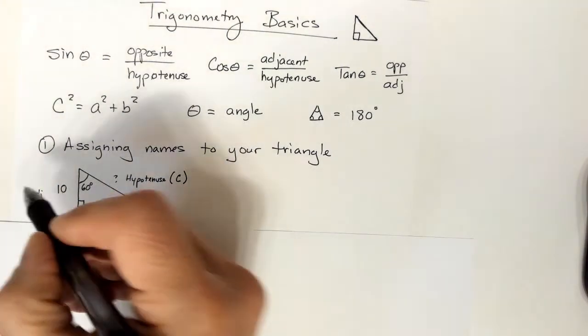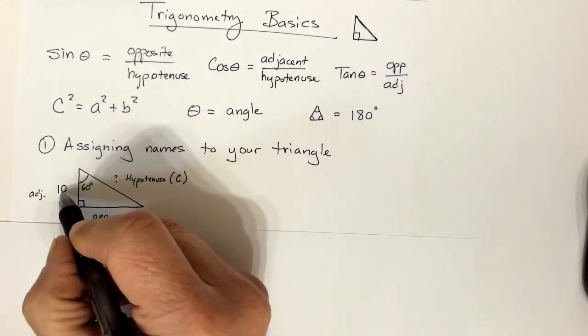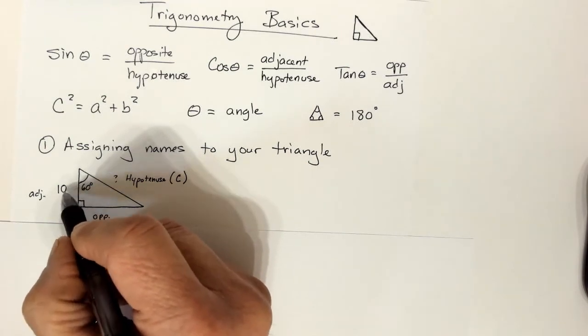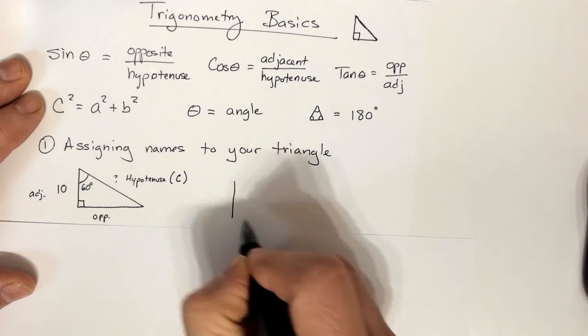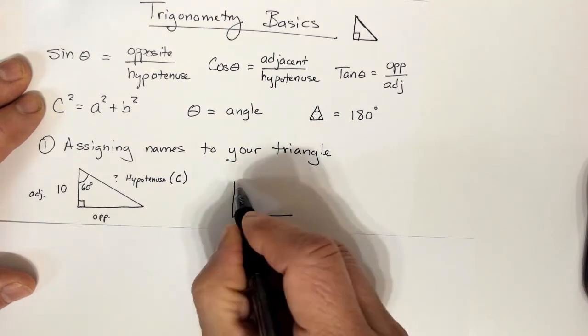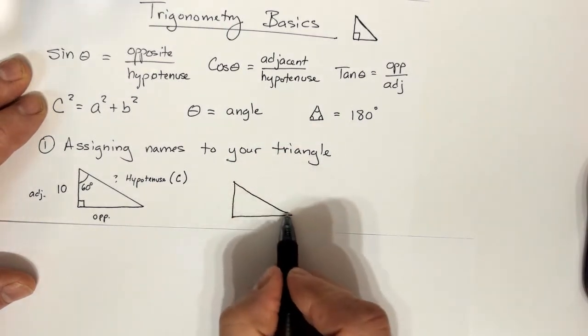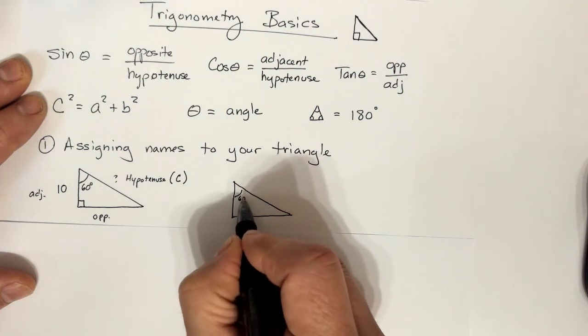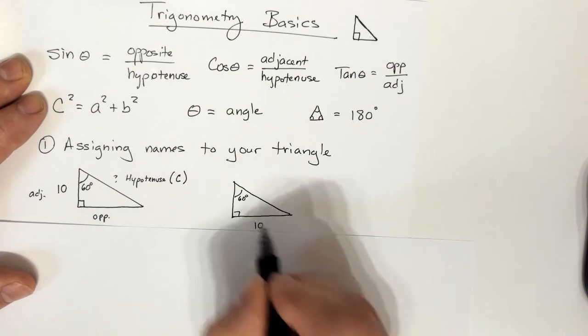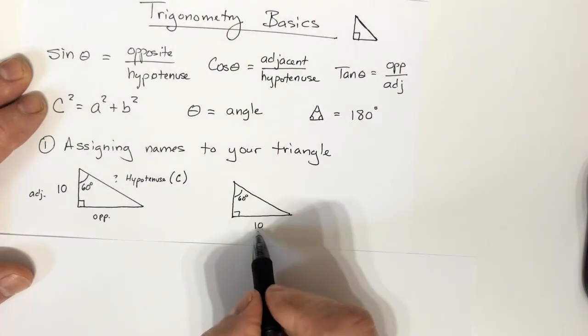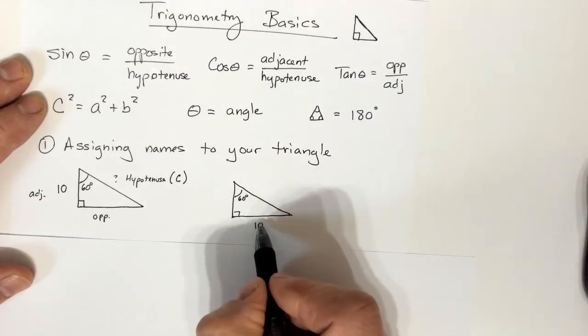And so if I put 10 here, that makes this side the adjacent. Let's say I set this situation up, and I had my angle of 60 degrees, and my 10 was here, opposite the angle.